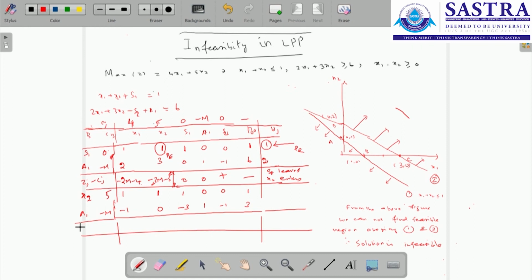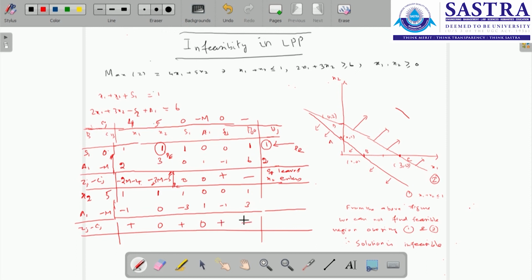Now what I have to do? I have to compute Zj minus Cj. You will have positive M plus 5 positive, then M minus 4, so the answer is positive. Here 0, 5, 0, then positive, plus 5 positive, positive. Now minus M minus of minus M is 0, then plus M, 0, positive again.